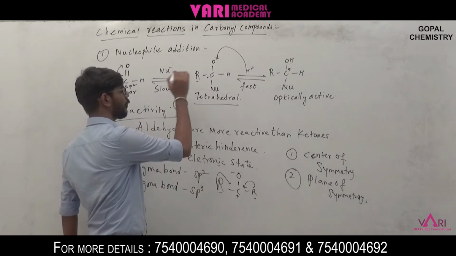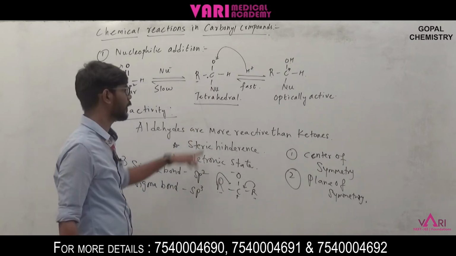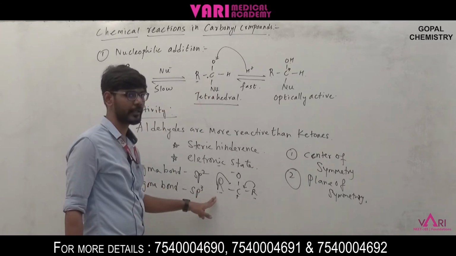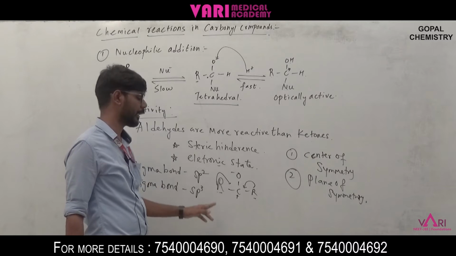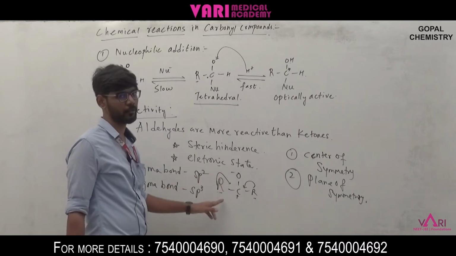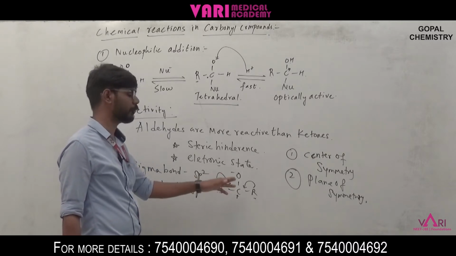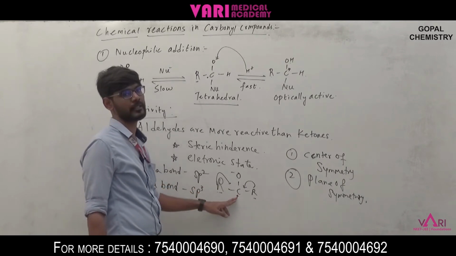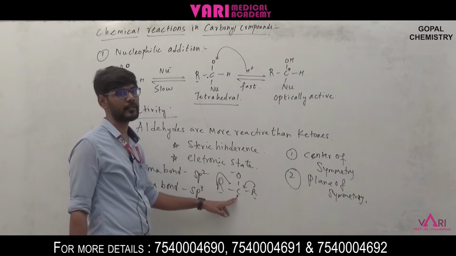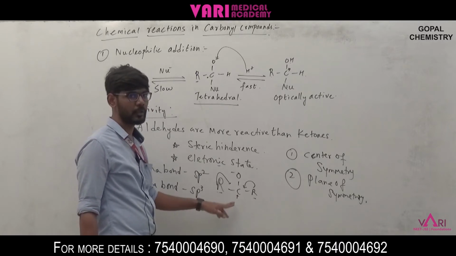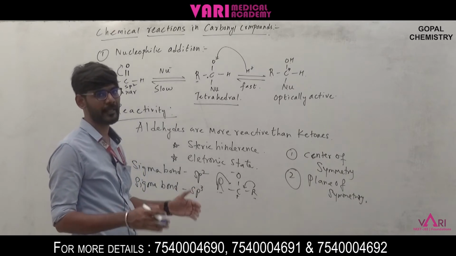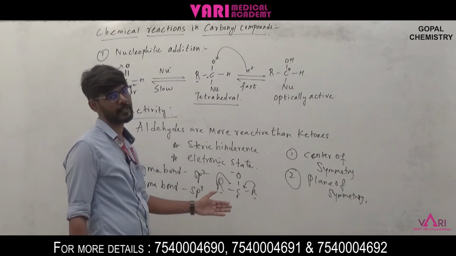Here there is only one plus A group, that's why the carbocation is somewhat less stabilized than the carbocation formed in ketone. Ketones have two plus A groups. The two plus A groups will donate to this carbocation, then the electron deficiency of this carbon will be somewhat reduced.